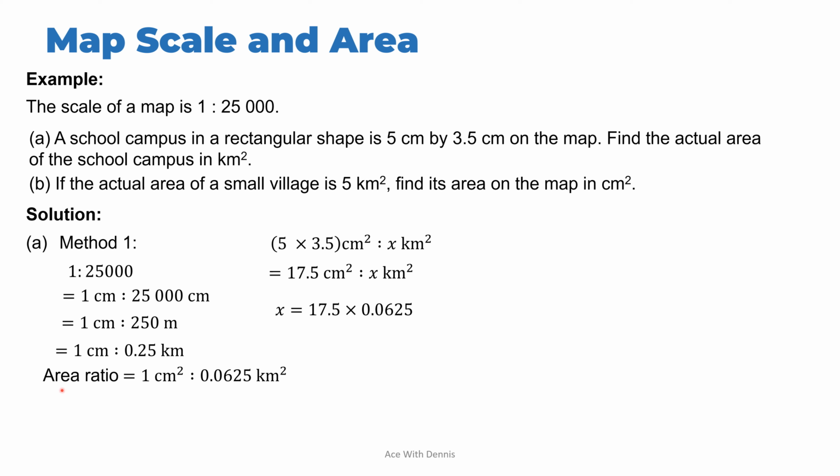As we know, 1 centimeter square is to 0.0625 kilometers square. So 17.5 centimeters square will be equivalent to 17.5 times 0.0625. And we calculate the value, we get 1.09 kilometers square, rounded off to 3 significant figures.